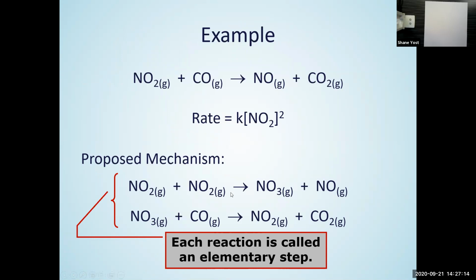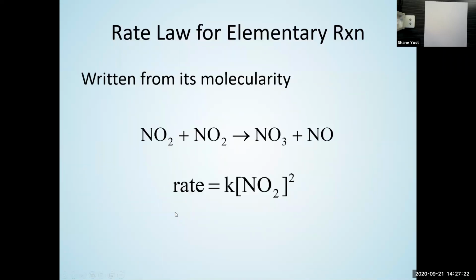But for these elementary steps, the rate law for each elementary step is equal to the rate constant times the concentration of the reactants, okay? So for this case, the concentrations of the reactants is NO2 times NO2, okay?